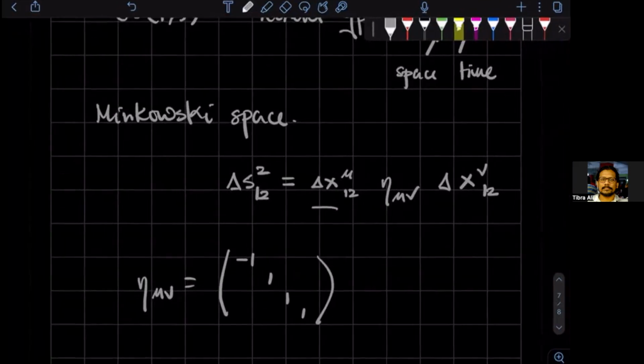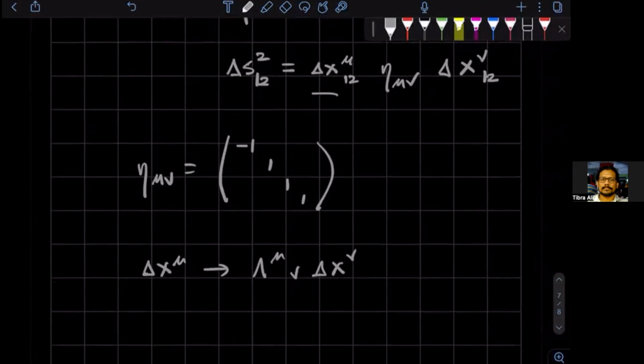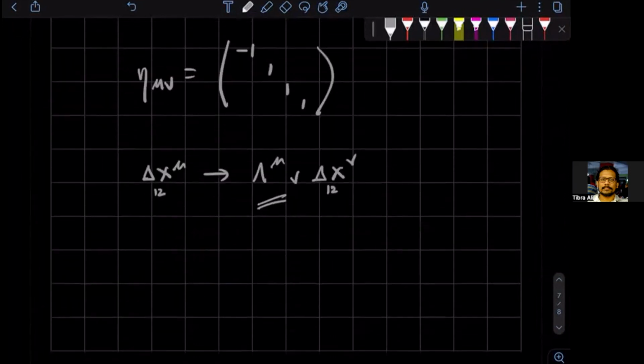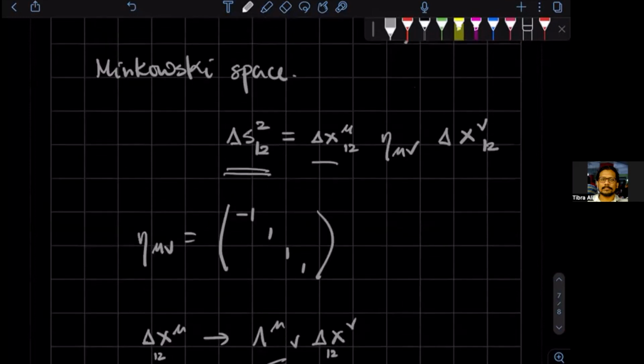And the transformations of x, under some lambda mu nu, delta x nu, these guys which leave the interval invariant form a group called O(1,3), and the connected component of that is SO(1,3). Okay, this is mathematically what we know as the Lorentz transformation.